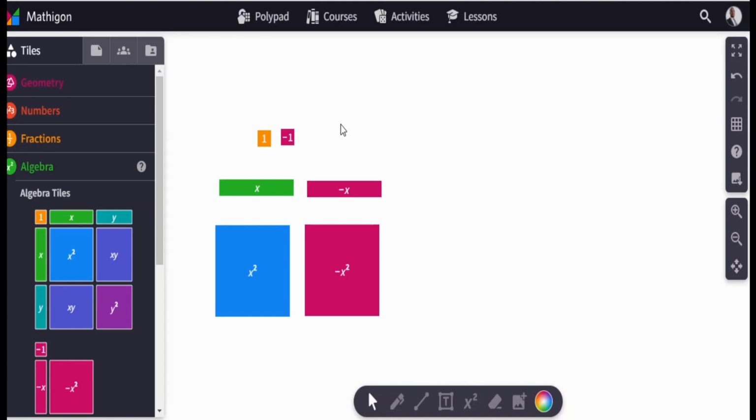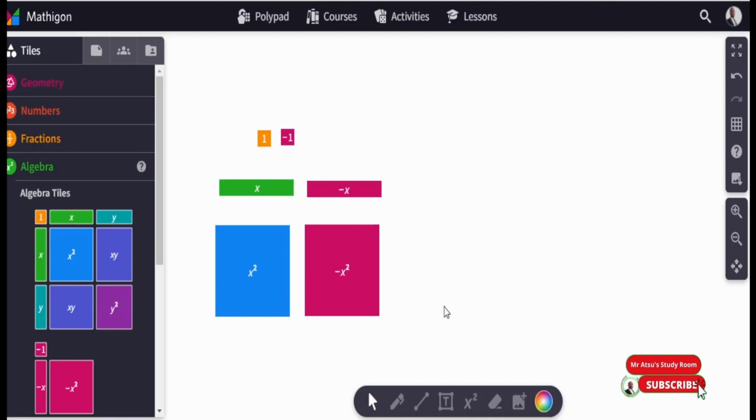So when you get the actual algebra tile from the market, the unit tile has its own color, in this case orange, and when you flip the back you get red, which is negative 1. Then the x or rectangular tile has its own color, in this case green, and when you flip the back you get a red color, which is negative x. And then the square tile, which is blue, has an x squared value, and when you flip the back you get a negative x squared.